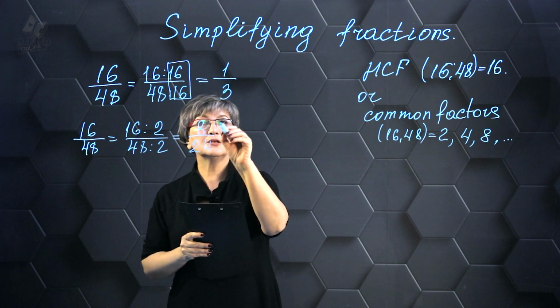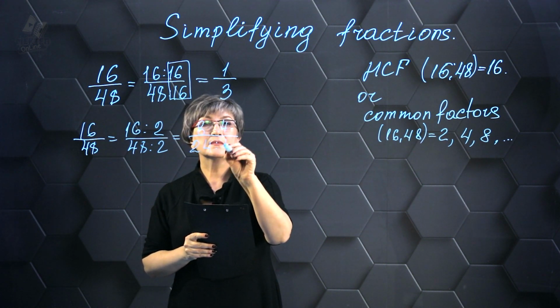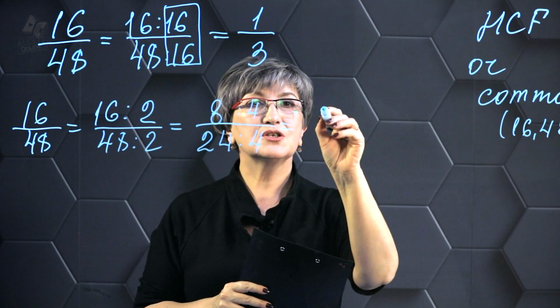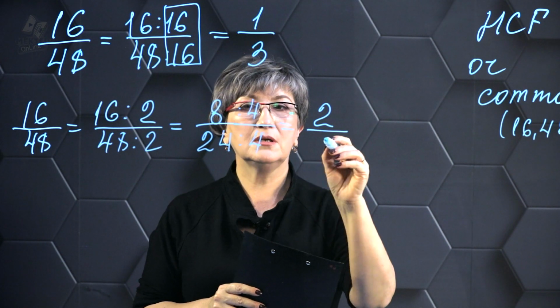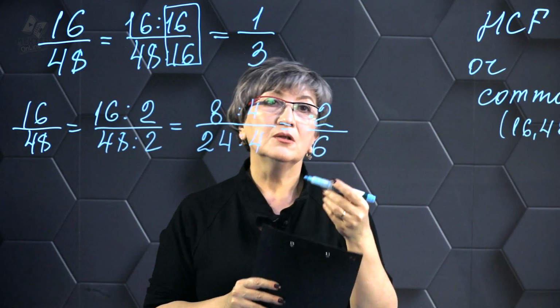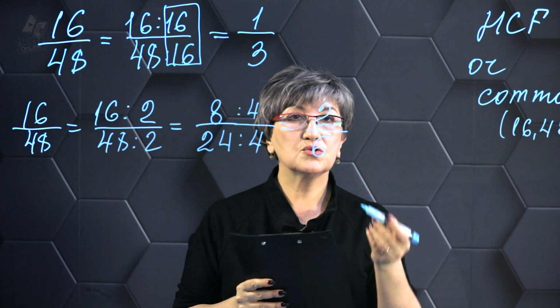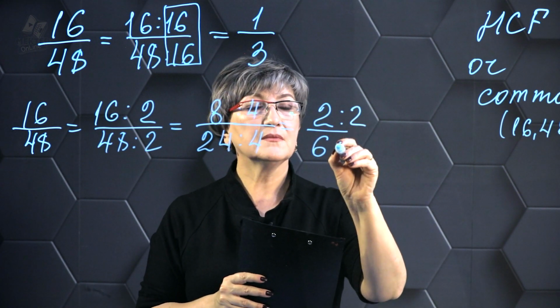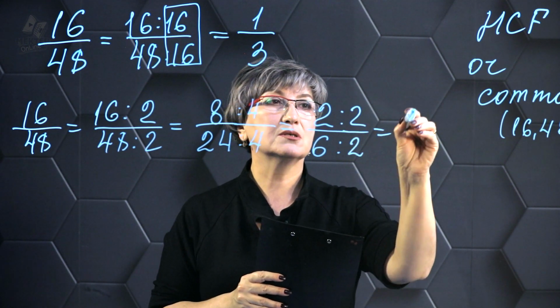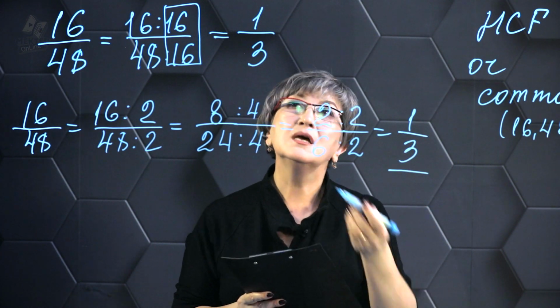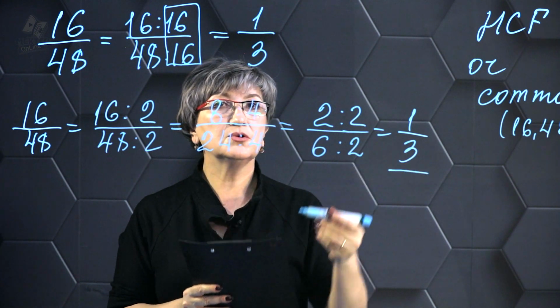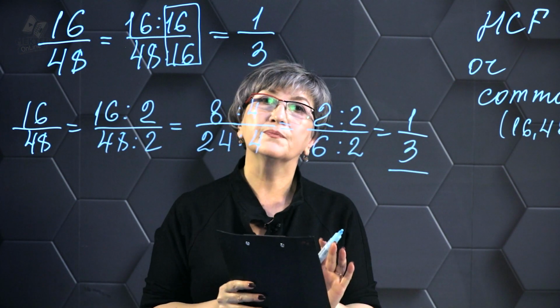We have multiple options. 8 divided by 4 results in 2, and 24 divided by 4 yields 6. Still, it is possible to reduce 2/6 by dividing by 2. And then we'll have an irreducible fraction, which is 1/3. In this case, it turned out to be the same.